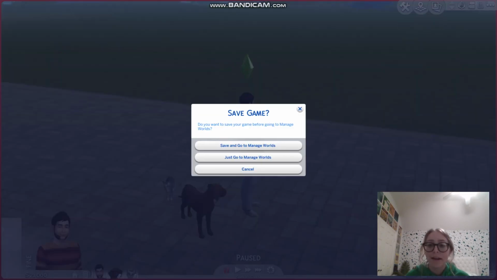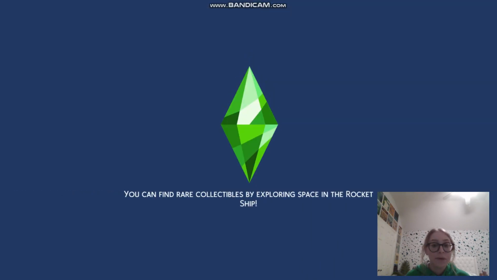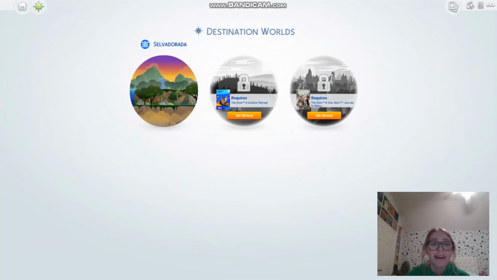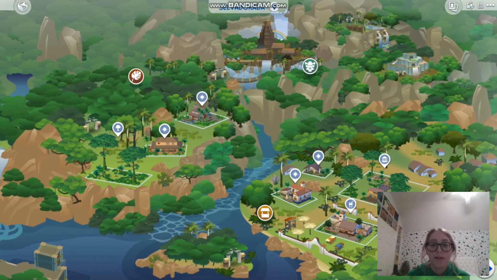And let me see if I can move maybe to the forest. Yes, I can! Perfect. So, as you can see, it's very lush and green. There's a whole temple, there's a waterfall. There's so many things to do and explore here.